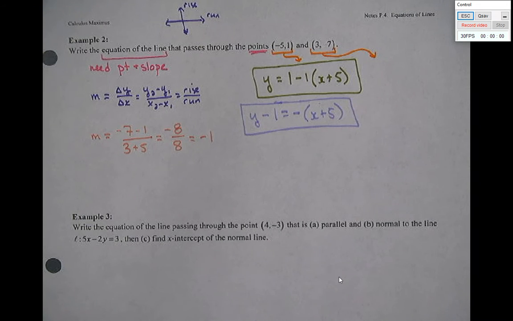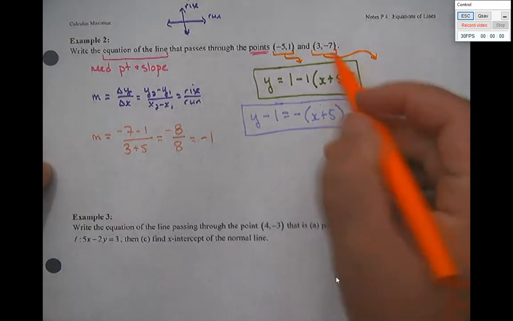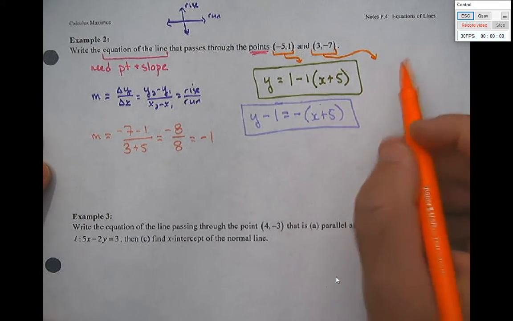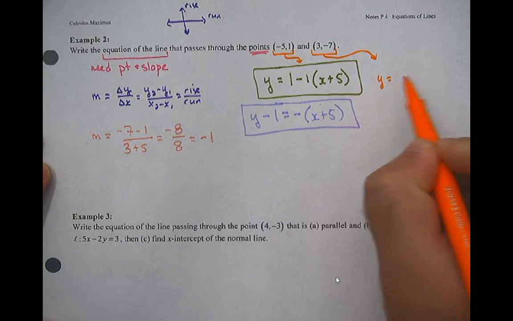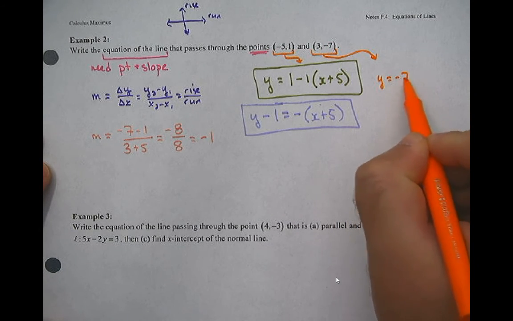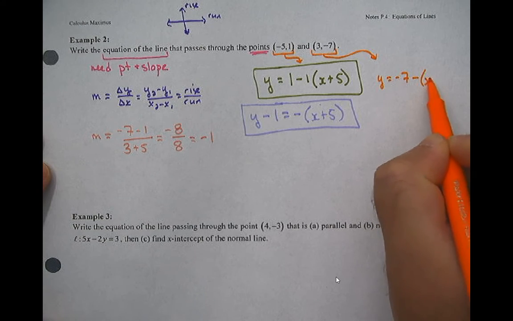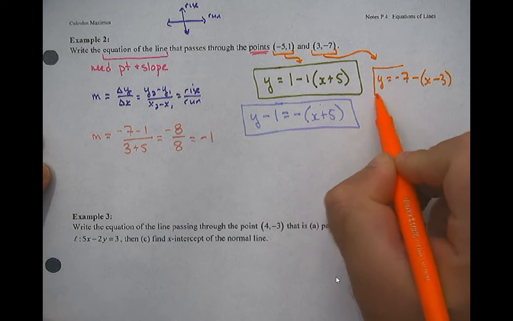All right, where did we leave off? Oh, yeah. So I could have also written this. Let's say I wanted to write it in Taylor form, but from this perspective. So it would be y equals negative 7 minus the quantity x minus 3. That would have been fine.